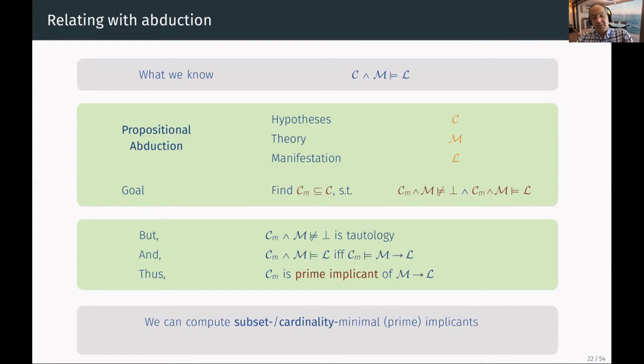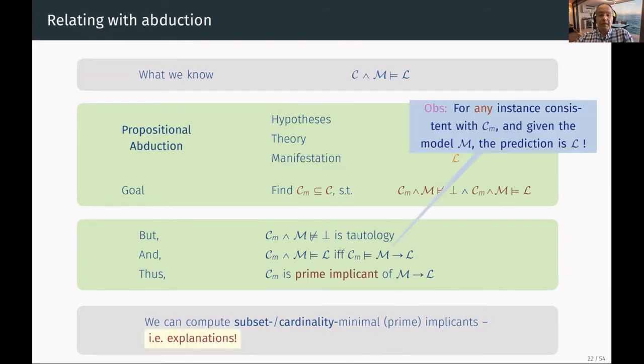And what we need to do now is compute either subset minimal or cardinality minimal prime implicants. This is what we call explanations. Not only us, different groups are now calling these explanations. And it's a very strong statement because we are saying that for any instance that is consistent with the set of literals that I'm picking, given the model, I'm guaranteed to have the prediction.